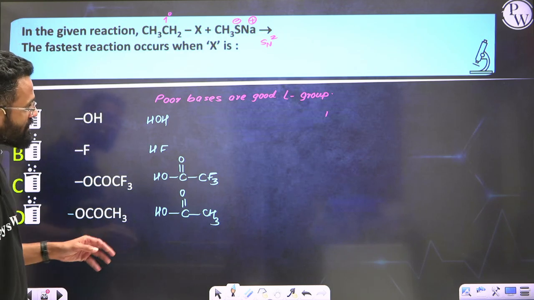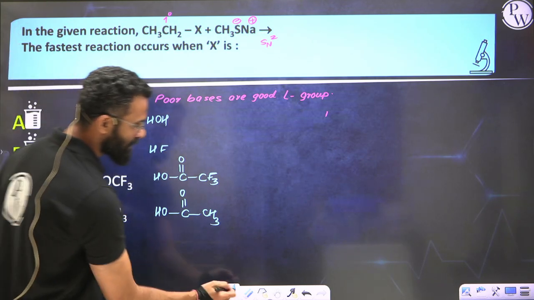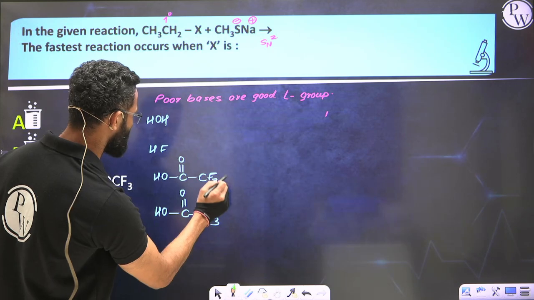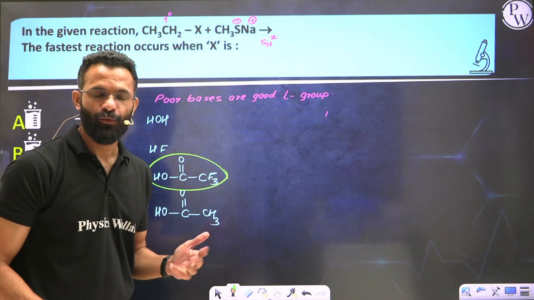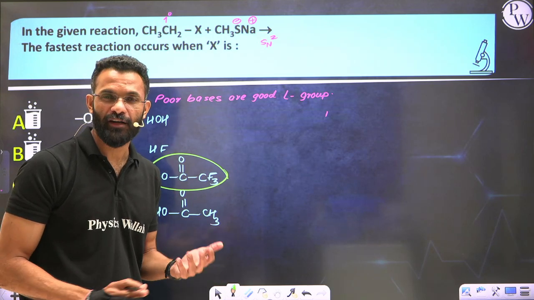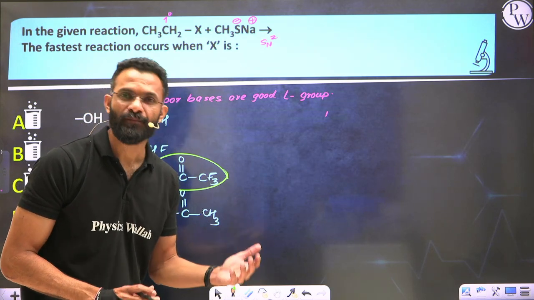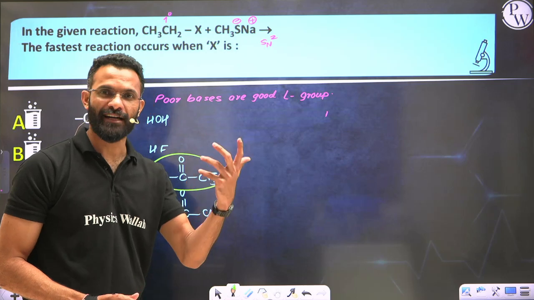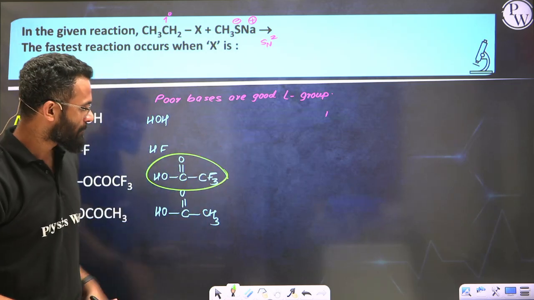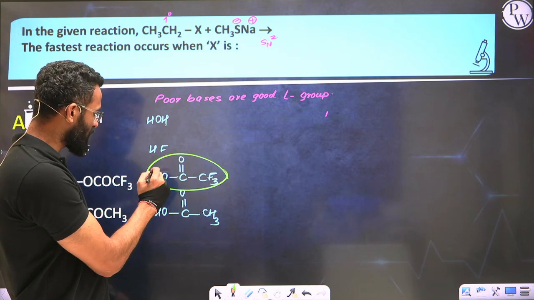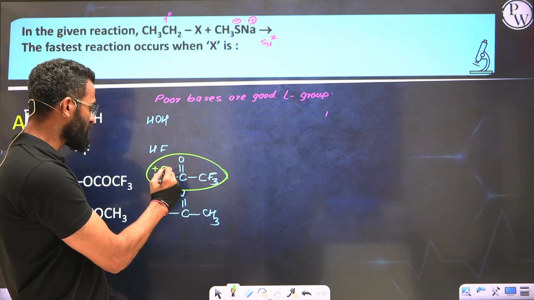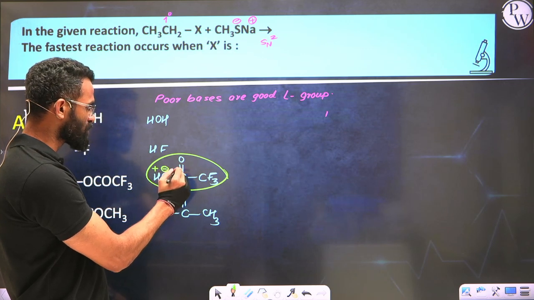If you see here, the strongest among all these acids is this one. And how do we know this is the strongest acid? Well, one thing is you need to know the pKa value: lesser the pKa, stronger the acid. But suppose we don't know that, then how do we check? Well, a compound is acidic when the conjugate base is stable. If I remove H plus from here, the conjugate base O minus has its negative charge in conjugation with the pi bond.